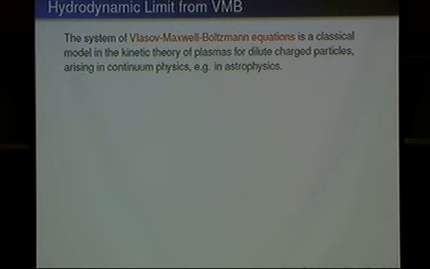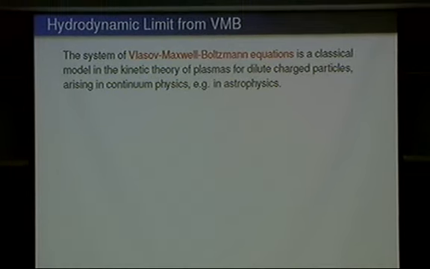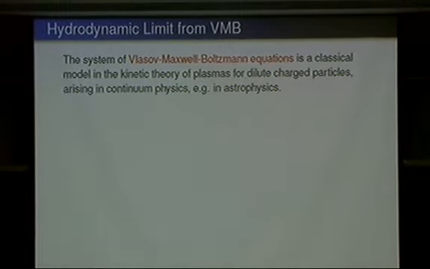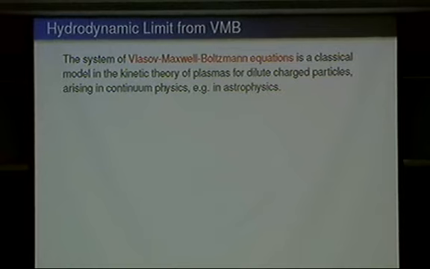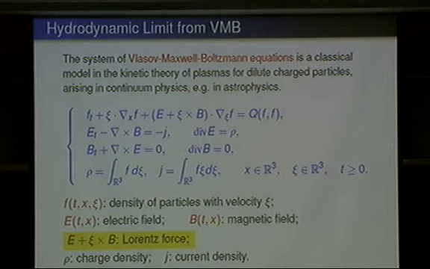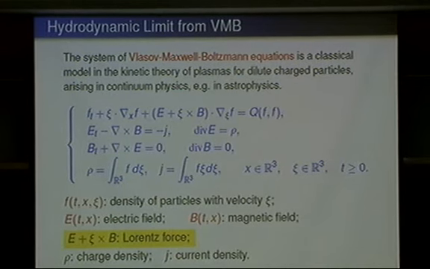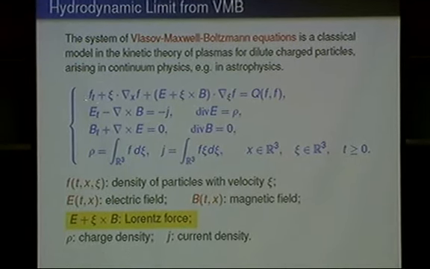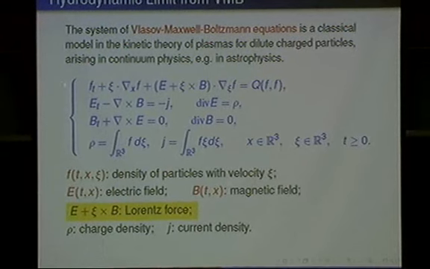So this is basically about that. Then let me show you the hydrodynamic limit from the Vlasov-Maxwell-Boltzmann equation. Of course, this is also a classical model in kinetic theory. This system looks like this one. This is the Boltzmann equation.